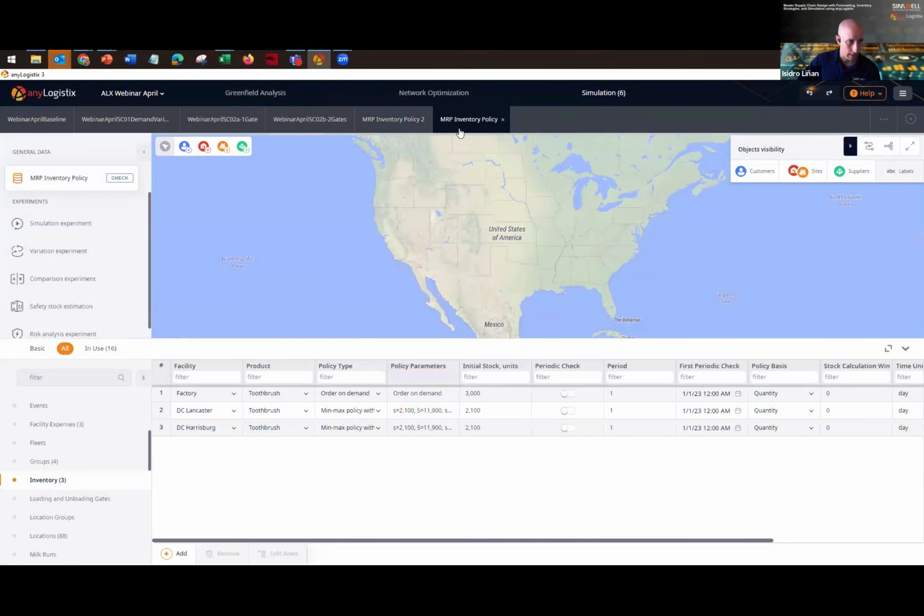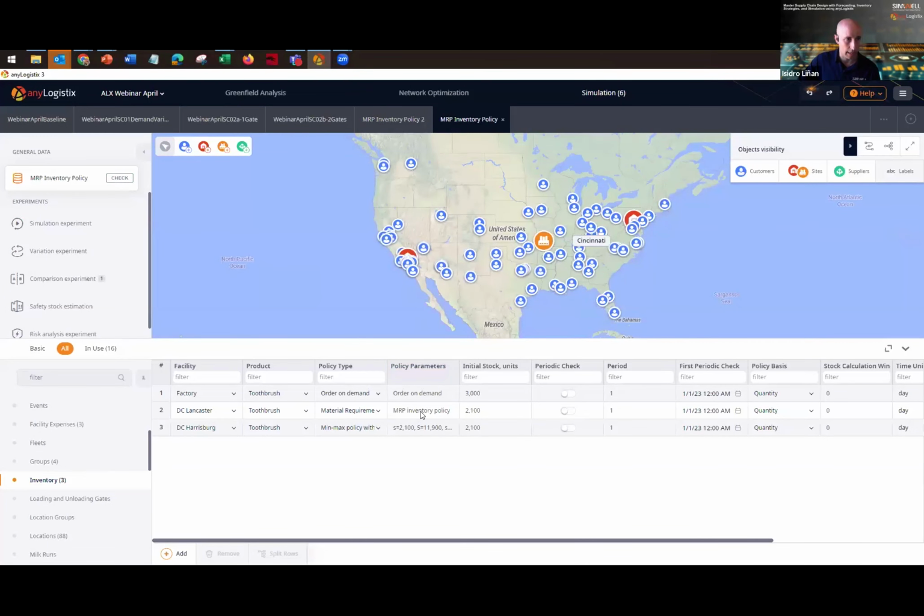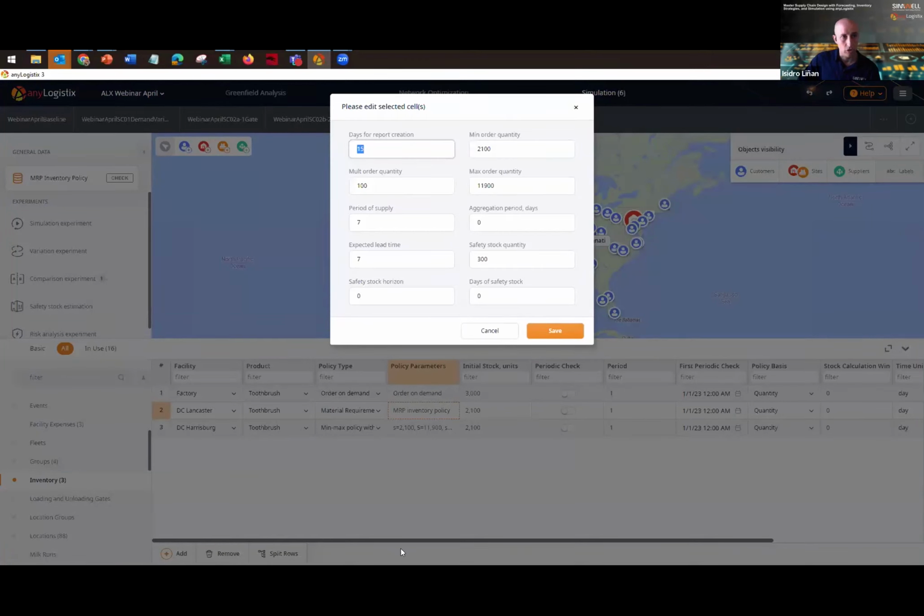But in our second example, we're going to use the MRP inventory policy, which is a really powerful inventory policy in anyLogistix. Similar to what MRP processes do in reality and how companies plan their operations, using a forecast that is decoupled from the actual simulated sales, we can determine the horizon that we're considering.